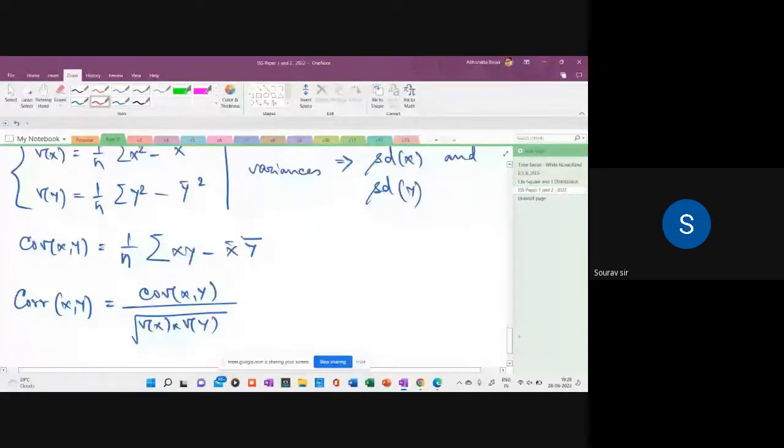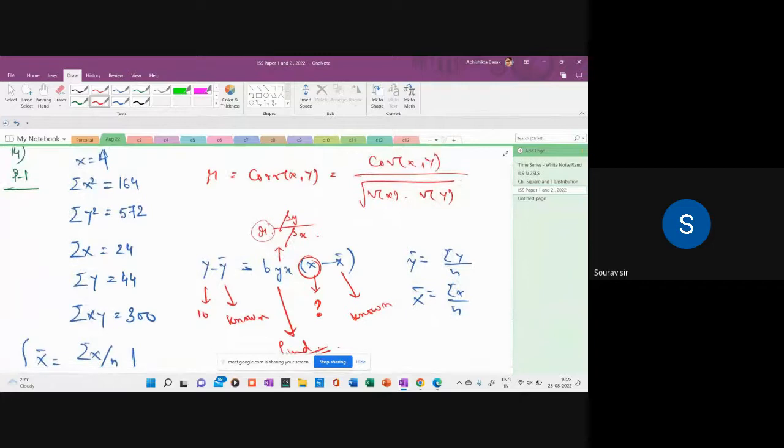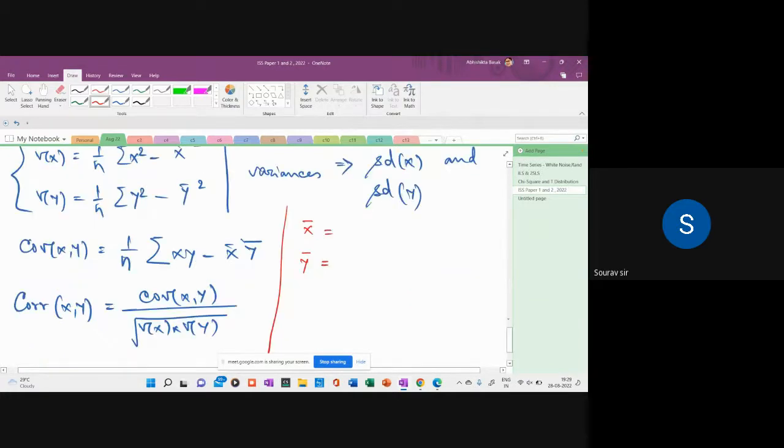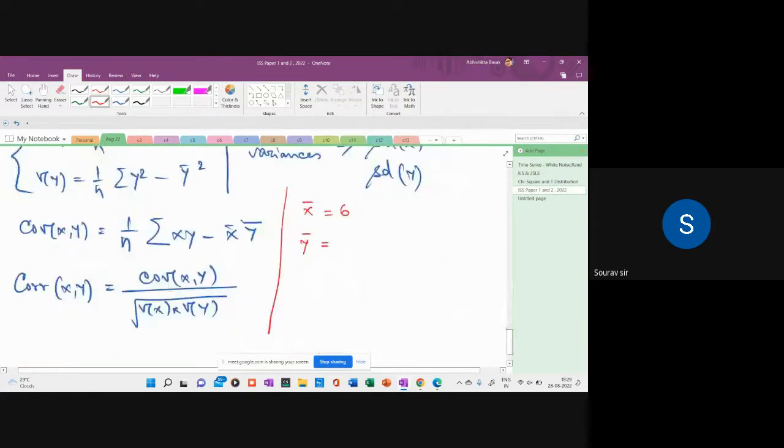So let's make a chart over here. X bar, Y bar. The value of X bar is 24 by 4, which is 6. Y bar is 44 by 4, which is 11.